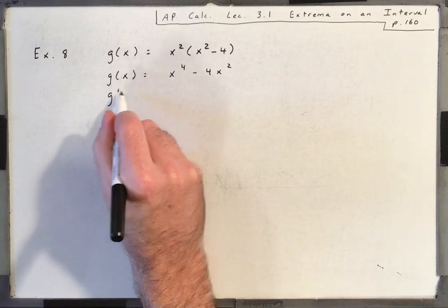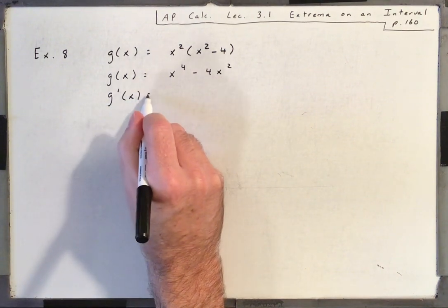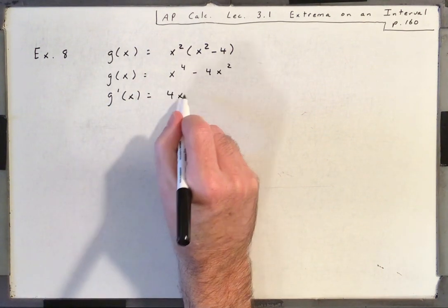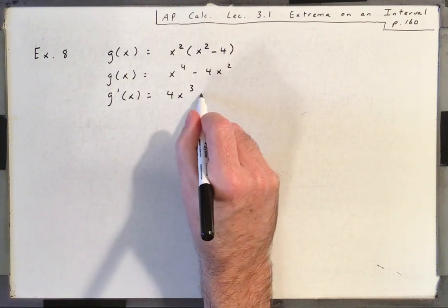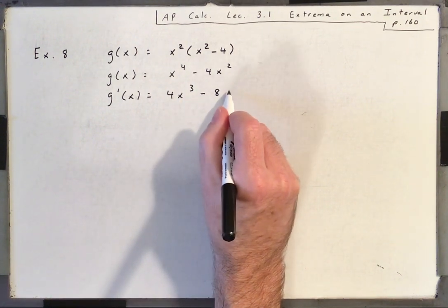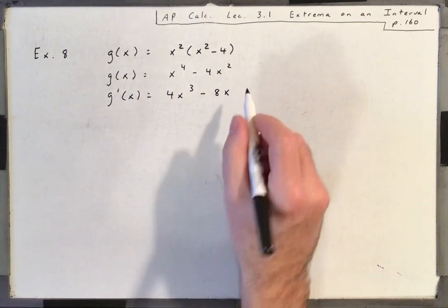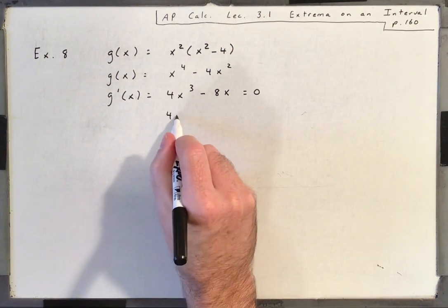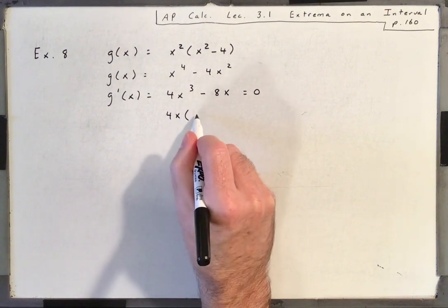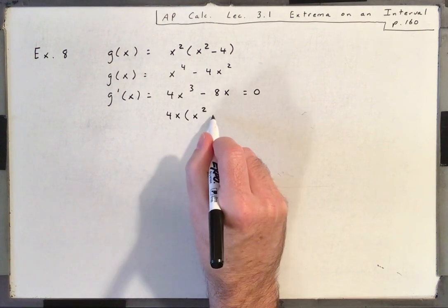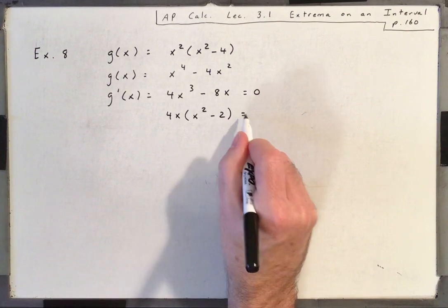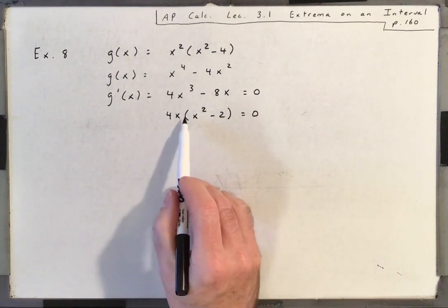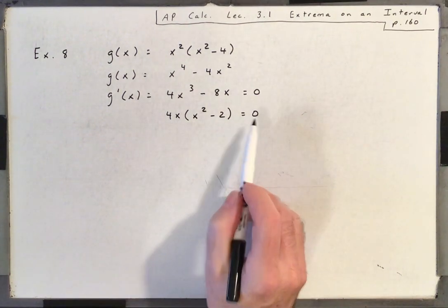Now we will find the derivative of that. That'd be 4x cubed minus 8x. We're going to set that equal to 0. I could factor out a 4x, and I'm left with x squared minus 2 equal to 0. So what values of x would make this equal to 0?